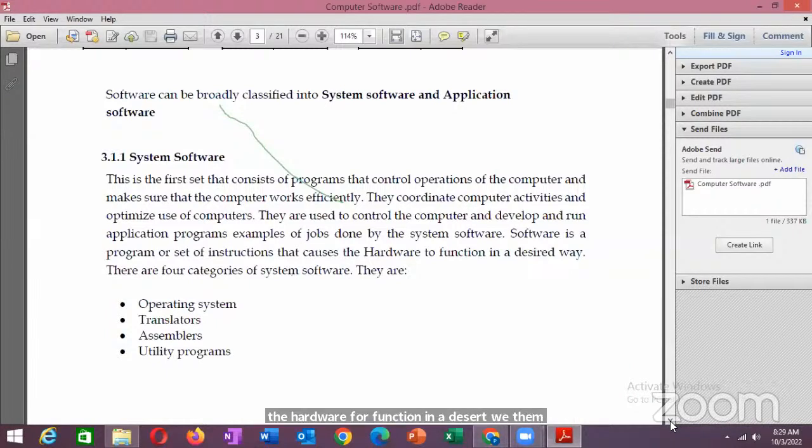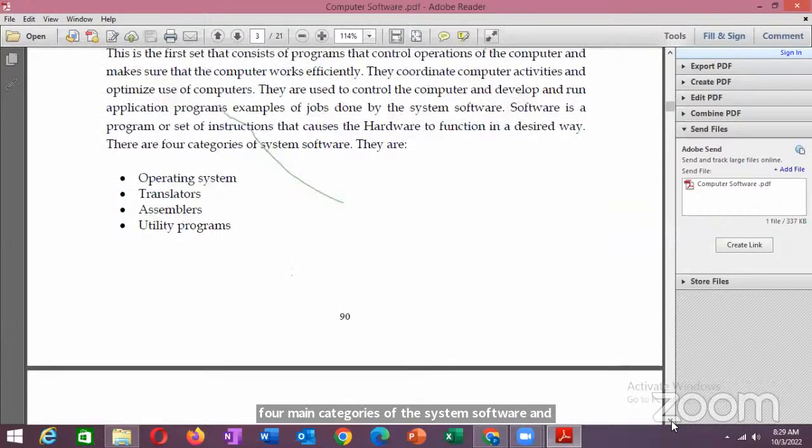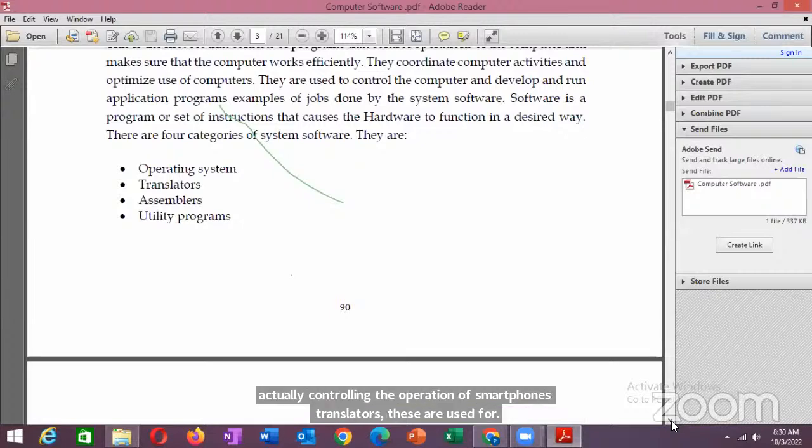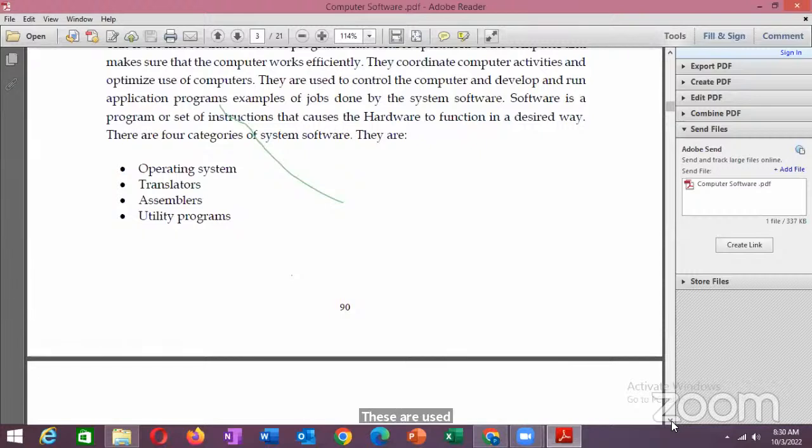There are four main categories of system software: the operating system, the translators, assemblers, and utility programs. We have an operating system even in our phones that is controlling the operation of our smartphones. Translators are used for conversions.